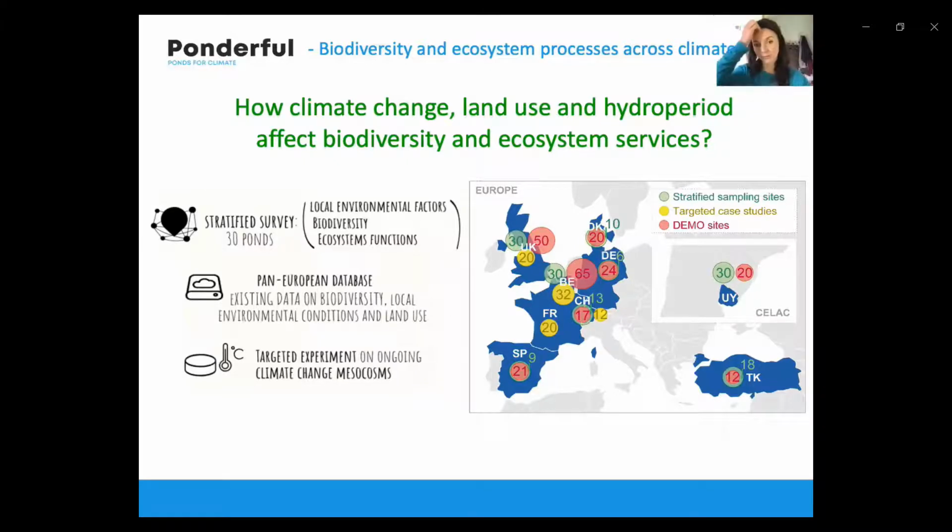But in addition with that, we have existing data on biodiversity, local environment condition, and land use that include more than 2,500 datasets. And also we have running actually some mesocosms experiment that targets the experiment on temperature and climate change.